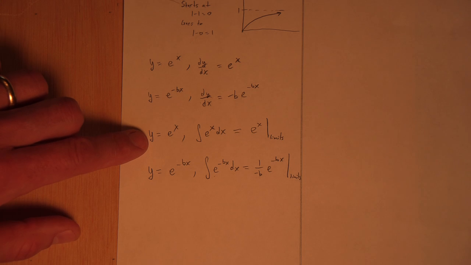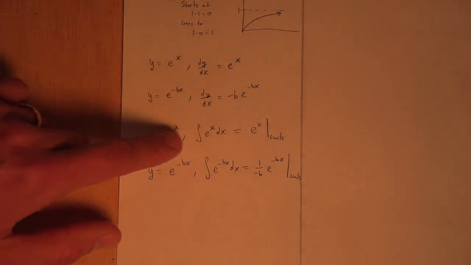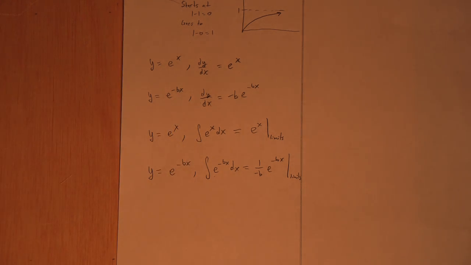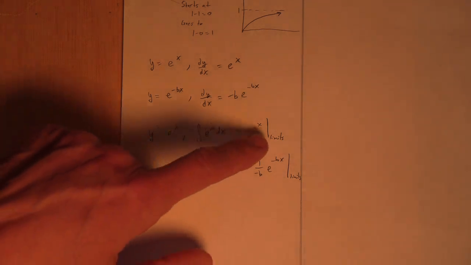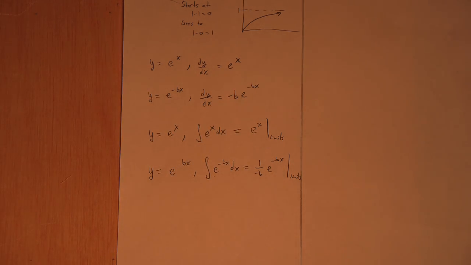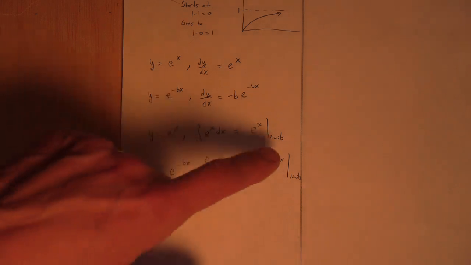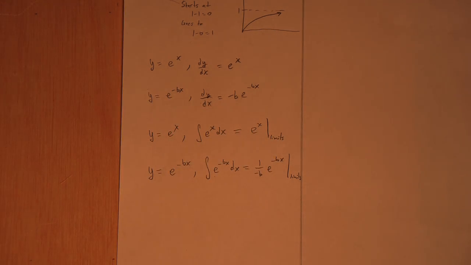If you integrate e to the x, again, it's an interesting function. The answer is just e to the x, the original function. And of course you have to evaluate over the limits.